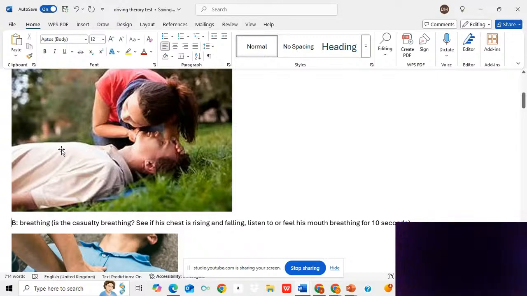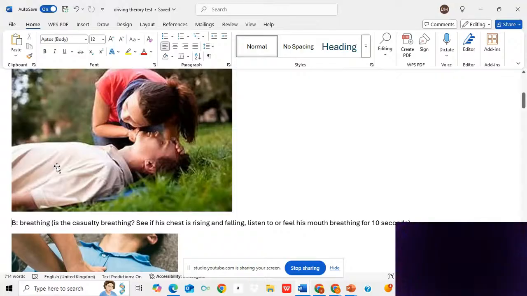Does his chest move normally or not? And also this position will let you hear his breathing from his mouth, so you can hear if the casualty is breathing or not. And you can also feel his breathing on your cheek.